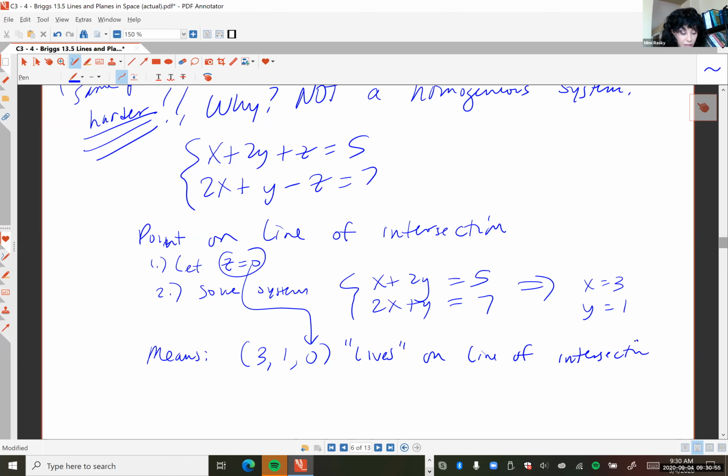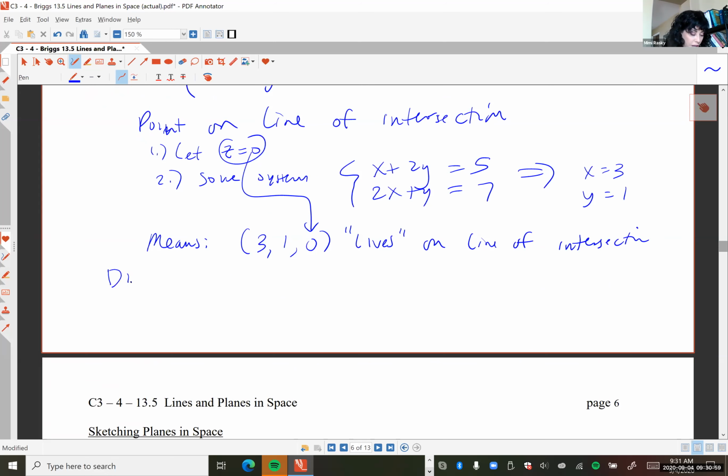Okay, then what? Well, then you've got to get that direction vector. How do you get the direction vector? Again, you take the cross product of the normal vectors of the 2 planes. I'm not going to do this; you'll do it. You cherry-pick the components of your normal vectors and take the cross product.